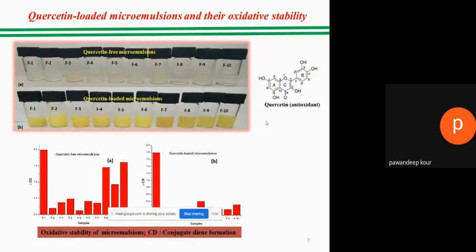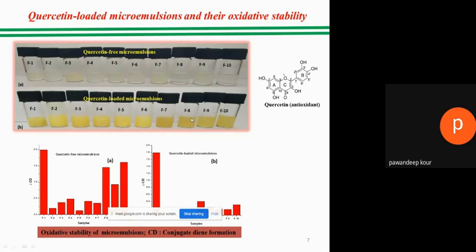Now, for monitoring their oxidative stability, we measured the formation of conjugated dienes, which are the primary oxidation product of LC-PUFAs. For this, a very potent antioxidant, quercetin, was used. Here you can see we made 10 formulations of microemulsions which didn't contain quercetin and 10 formulations which contained quercetin.